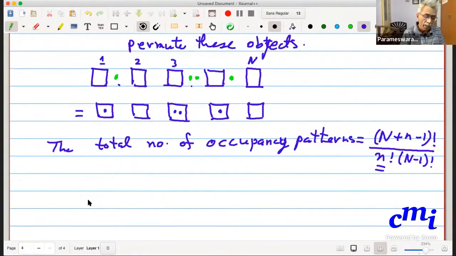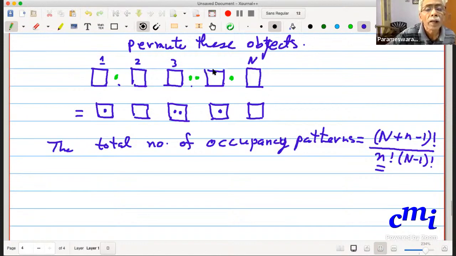So what is the answer? This is just the total number. The answer for the first one, that means you are saying only one out of the total.